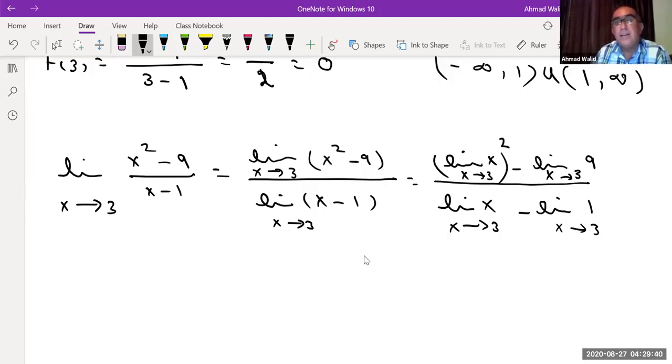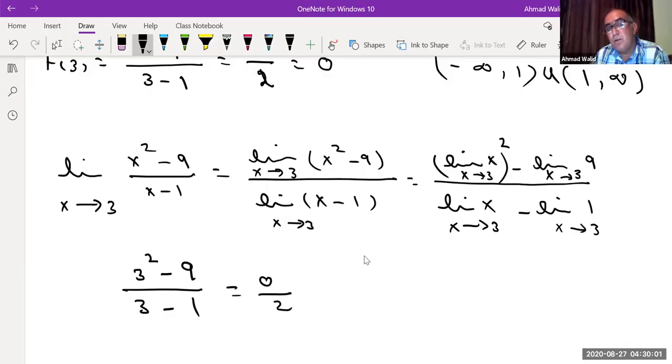Now simplify. In the top, the limit of x as x approaches 3 gives you 3 squared minus the limit of a constant, over the limit of x as x approaches 3, which is 3, minus the limit of 1, the limit of a constant, which gives you 0 over 2, which is 0.